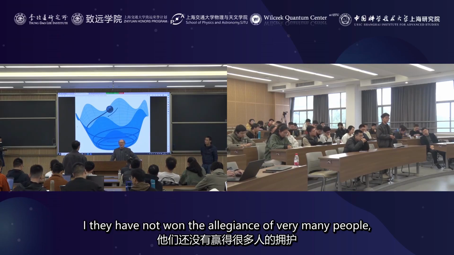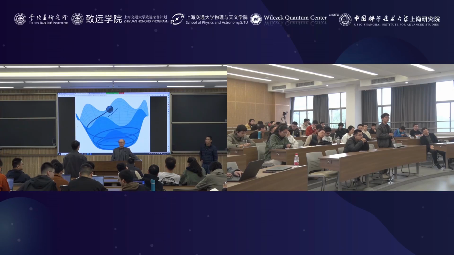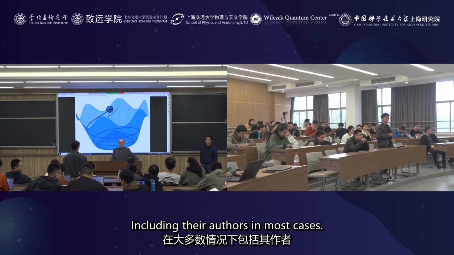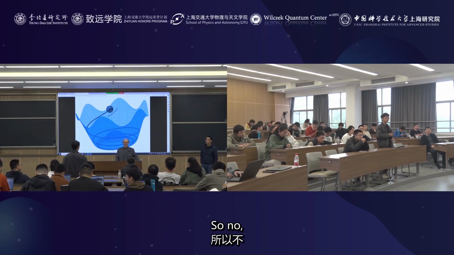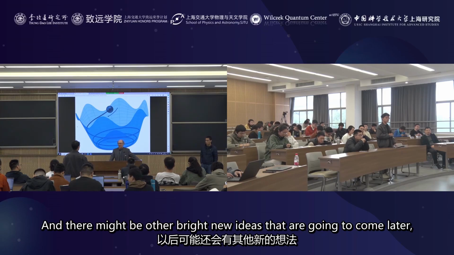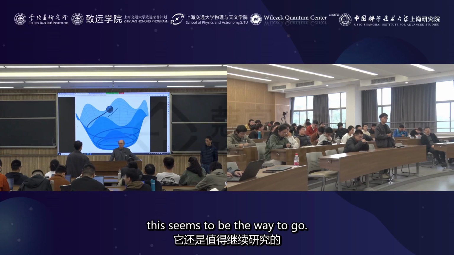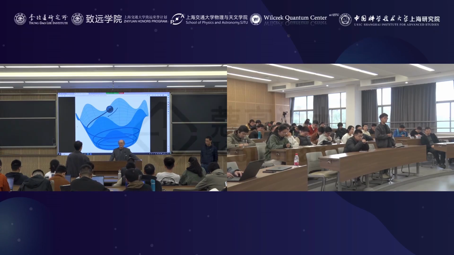I mean, they have not won the allegiance of very many people, including their authors in most cases. I think consensus can always be wrong, and there might be other bright new ideas that are going to come later. But so far, this seems to be the way to go. Oh, okay, I see. Thank you.